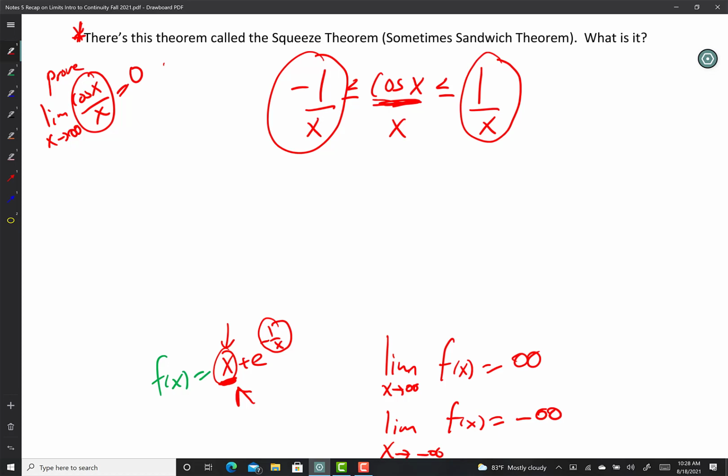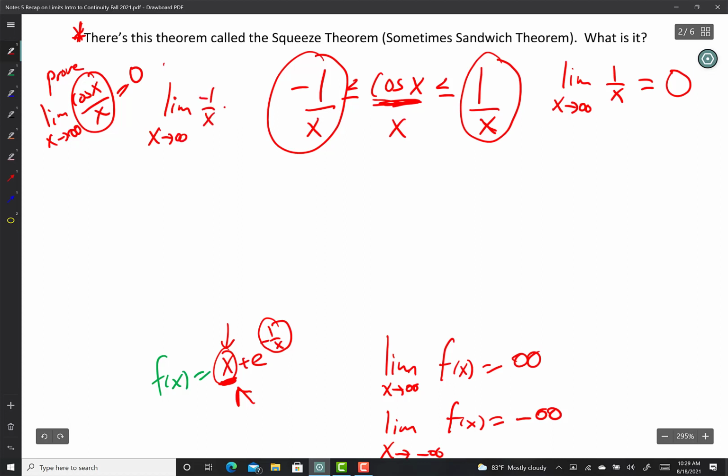Does that make sense? So then I have an expression like 1 over x, and I go limit as x approaches infinity of 1 over x. And I say, 1 divided by a huge number, that's 0. And then I go to the left side over here, and I go limit as x approaches infinity of -1 over x. And again, -1 divided by a huge number is going to be 0. And then from there I can make a statement.